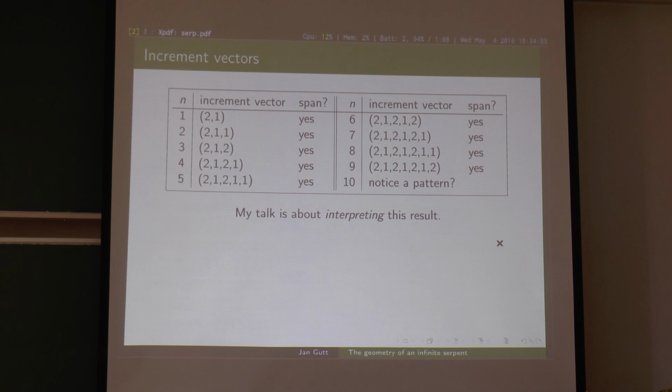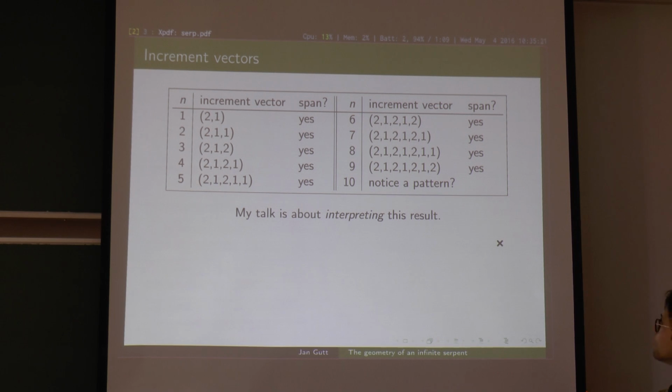But I have a lot of computational evidence, and I wish someone was able to prove it because I think it's quite interesting. So interpreting means not proving and not explaining why it is so, but relating it to something else that maybe has more substance to it, rather than just being a sequence of numbers.